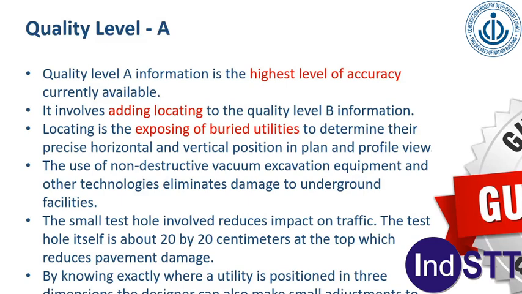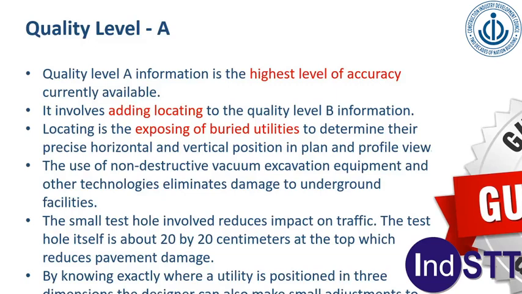If utilities do not have an associated quality level, it is not an acceptable SUE map. So for example, this is a legend where different utilities have been shown, and here notes quality level A data point indicated by this symbol, elevations this, etc. So the point is that every utility should have an associated quality level, and then only it's a SUE map.